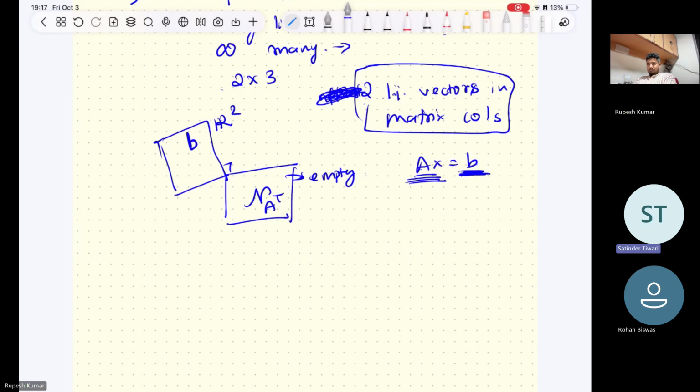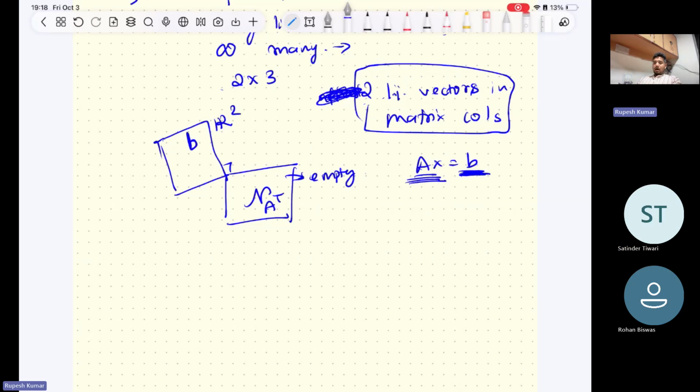I'm just thinking like both are perpendicular. Like what we have done in the column space, we have projected: if the solution is not there, then we project onto the column space, that p vector.